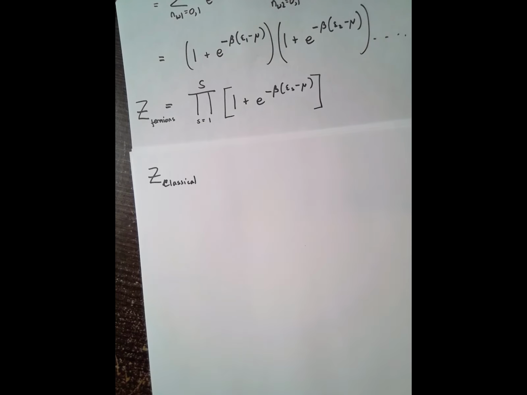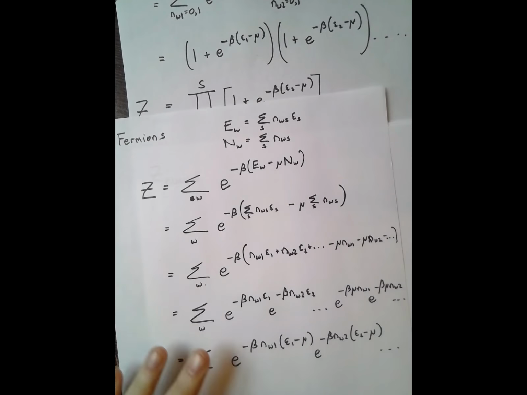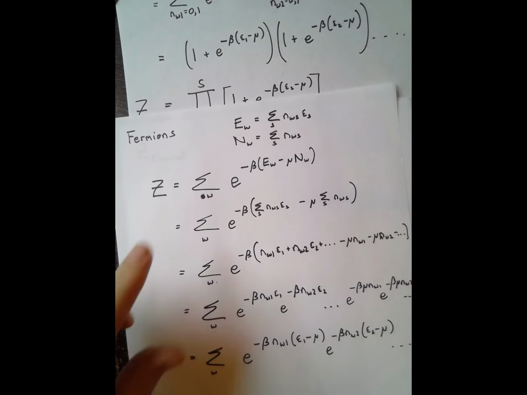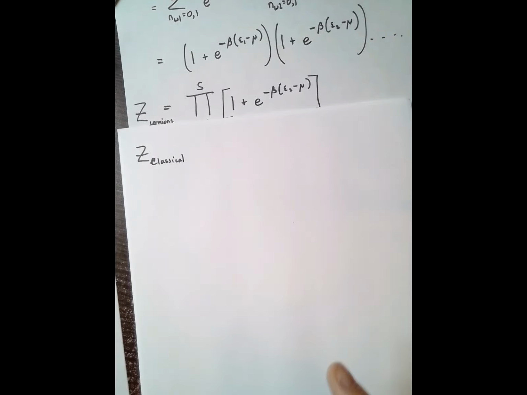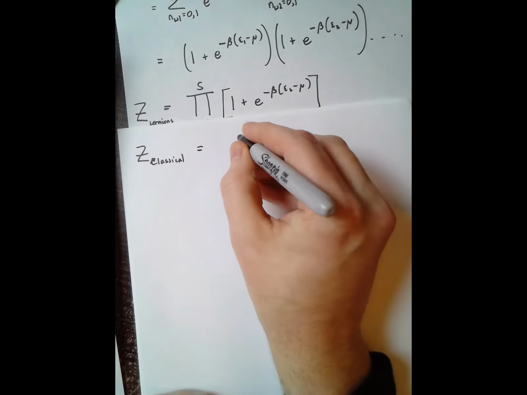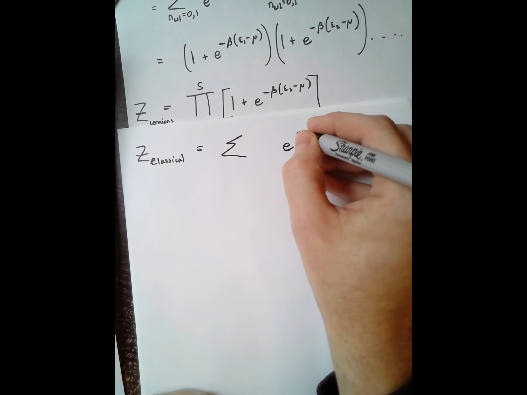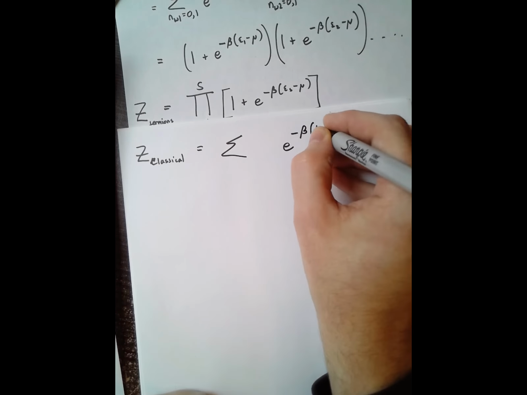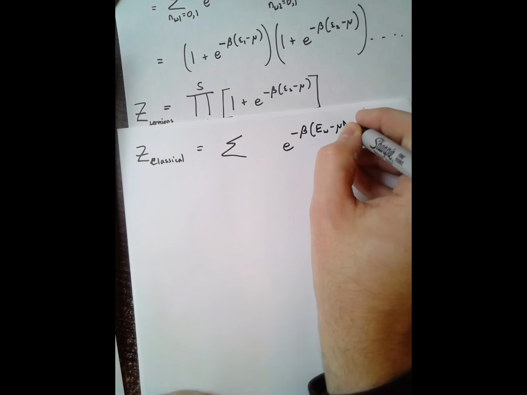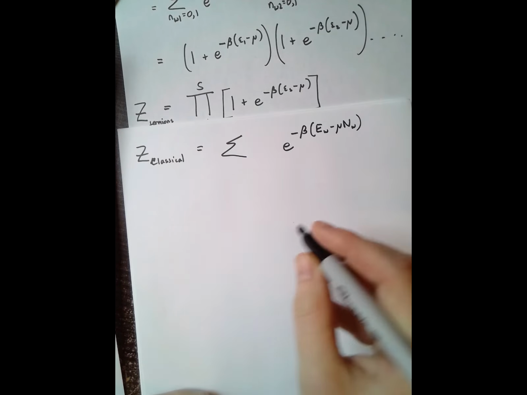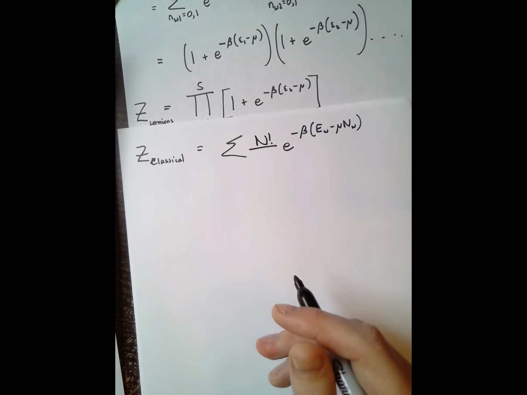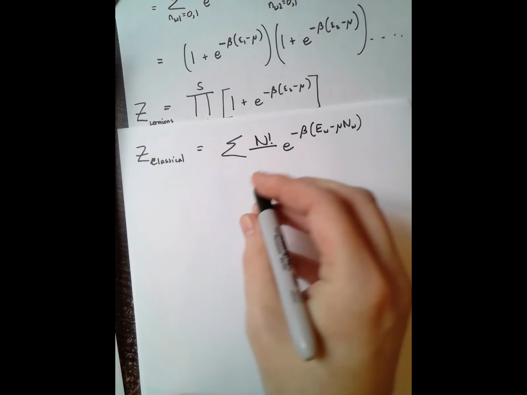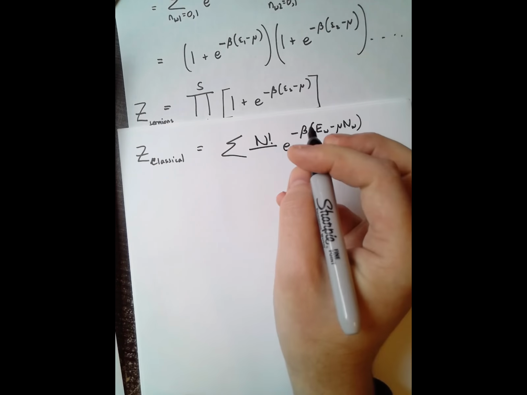So for the classical gas, again, if we go back to the case for fermions, the only difference, if you recall, is that here, in addition to writing e to the minus beta epsilon w minus mu n w, we had to put in this extra factor, degeneracy, due to the distinguishability of the particles.